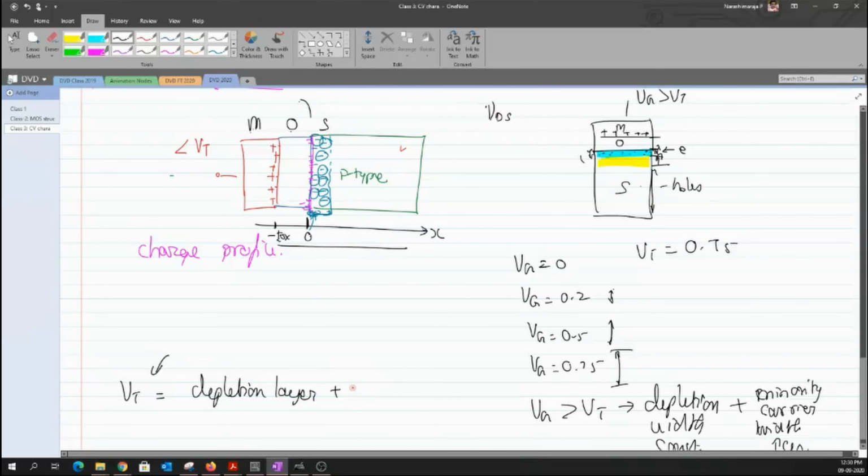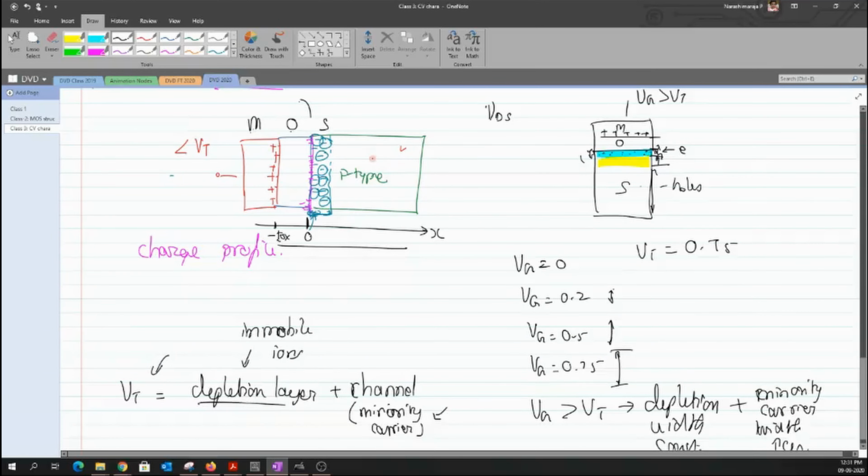So it also has to create some sort of channel, and this channel is built by making use of the minority carriers of the type of semiconductor that I'm using. These minority carriers are free carriers. It is not like the depletion layer, where we had immobile ions. When I look across the channel, these are all free carriers.